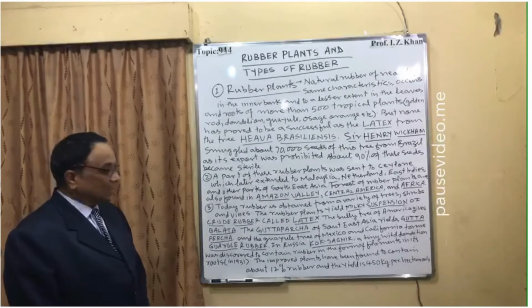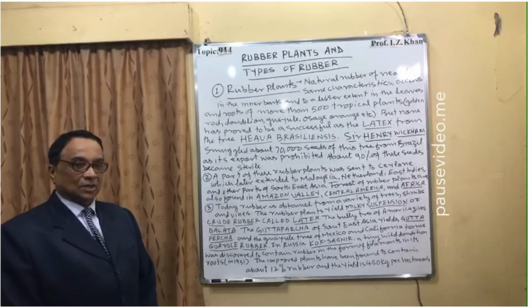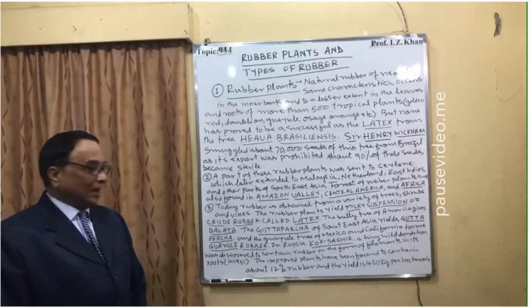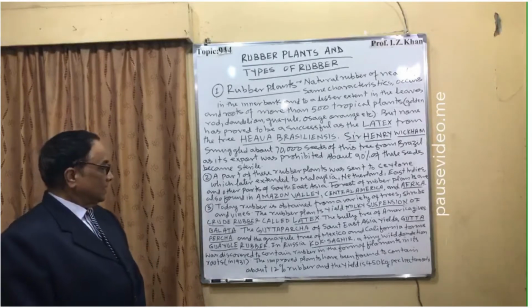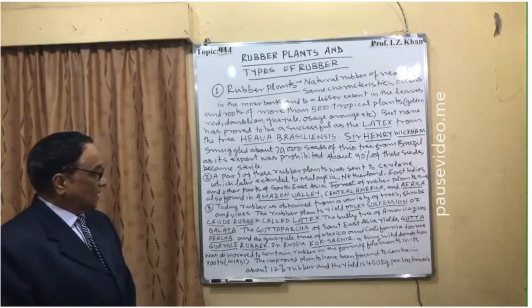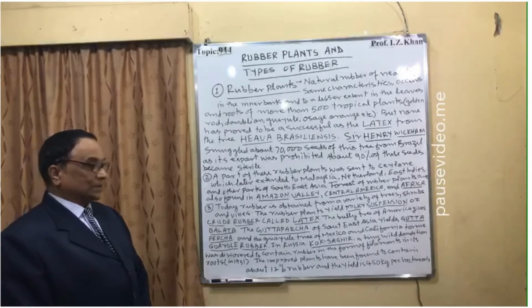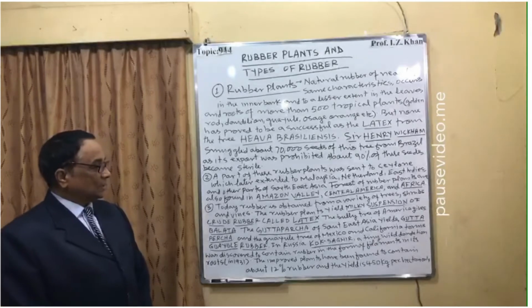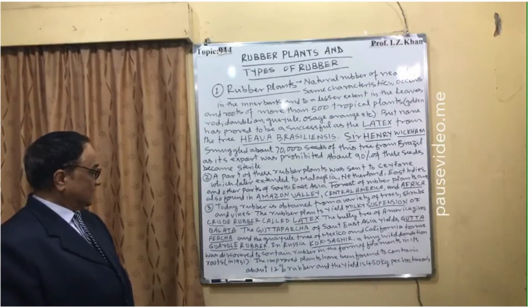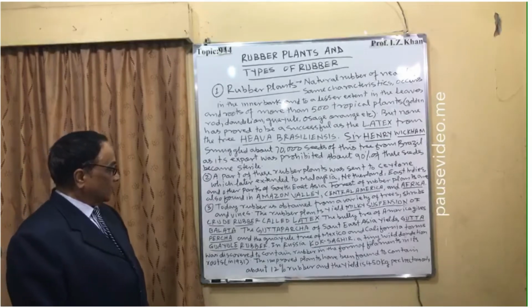So gutta balata is in Asian countries, and latex is well known. And then the guayule tree of Mexico and California gives you guayule rubber.